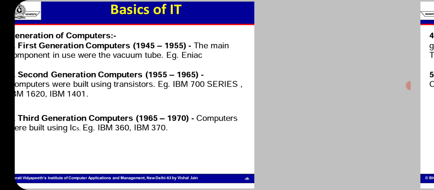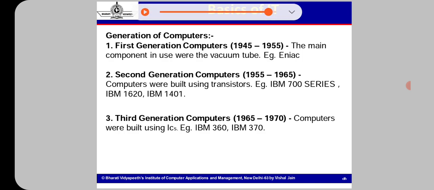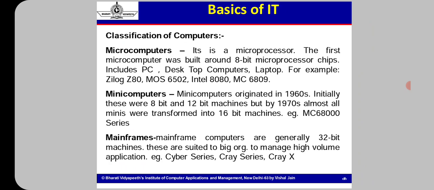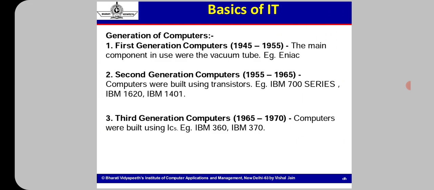So this is the first set of questions, and there are many other parameters and points, we may discuss in later PPTs. This is another important set of questions coming from the first unit, that is generations of computers.